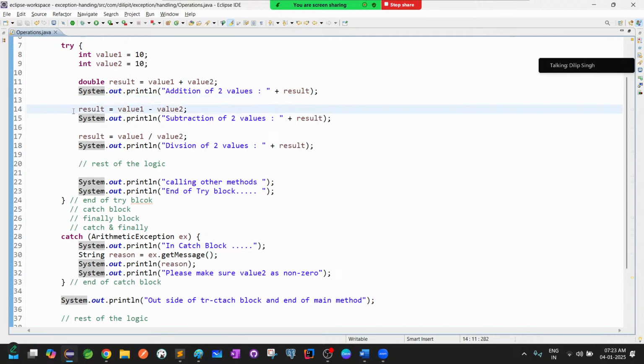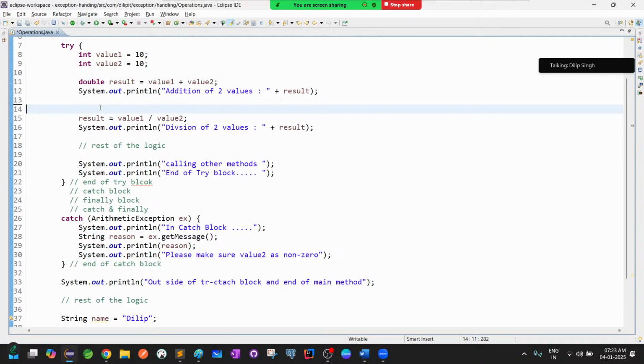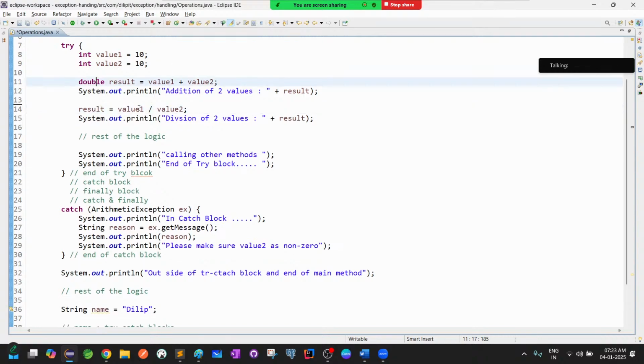Okay, so let's see. I'm just shortening these lines. Addition and division. Okay, fine. And the rest of the logic.